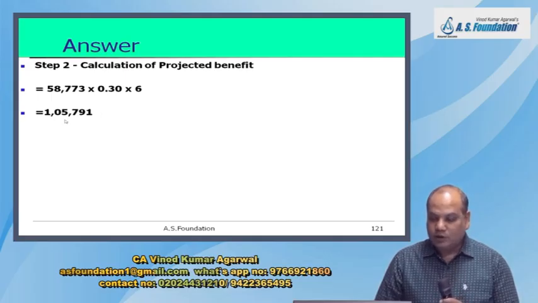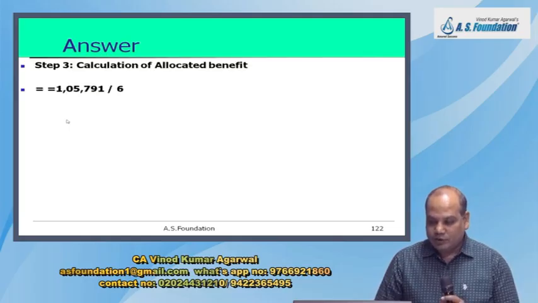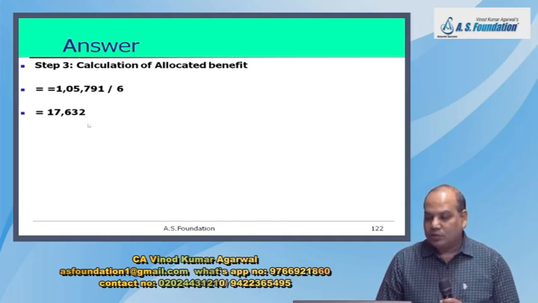Now this will be divided by 6. So step 3, calculation of allocated benefit. Benefit allocated per annum, total divided by 6, is 17632. Every year of service rendered makes him eligible to get 17632.